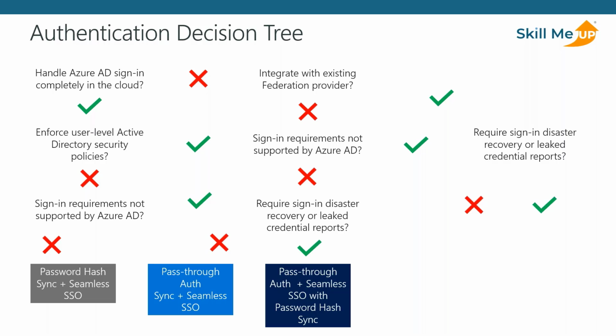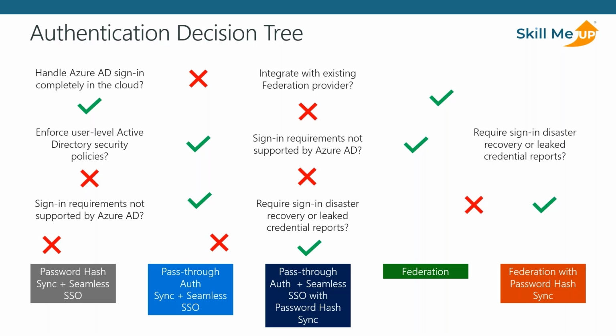Depending on what we choose, we basically end up with these 5 options at the bottom. We're either going to end up with password hash sync and seamless SSO, which is the most common. That means Azure AD Connect is connected and the password hash is synchronized, so that when I change my password on-prem, I'm able to log into Office 365.